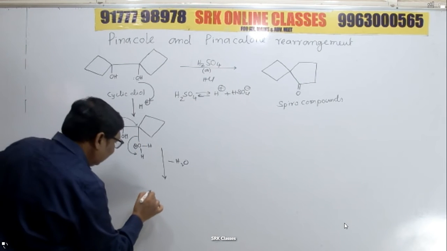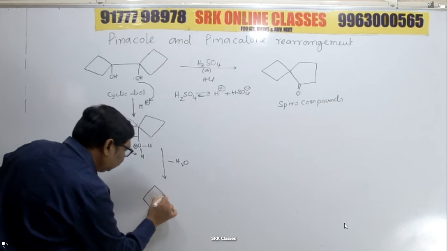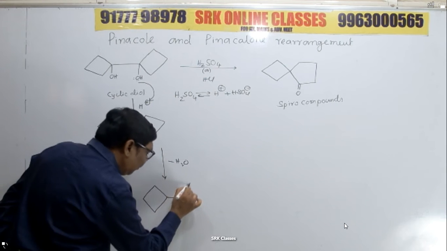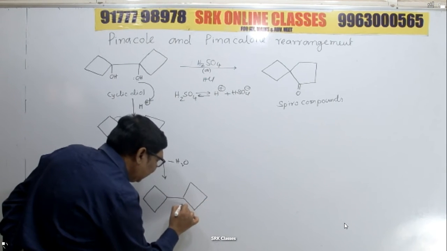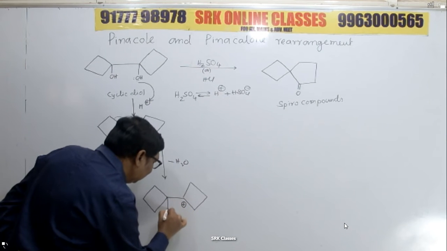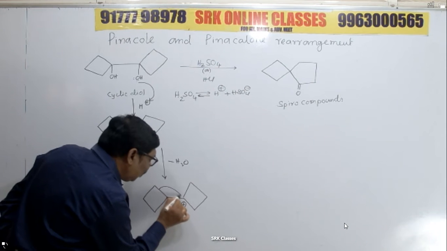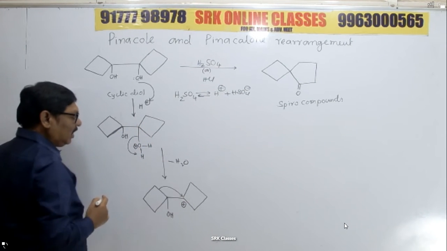First I will show the carbocation part. Elimination of water. Here the carbocation forms, OH will be here and this carbon is approaching here. Here I have only done the elimination of water.